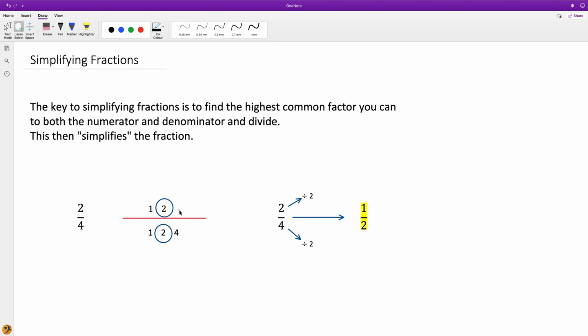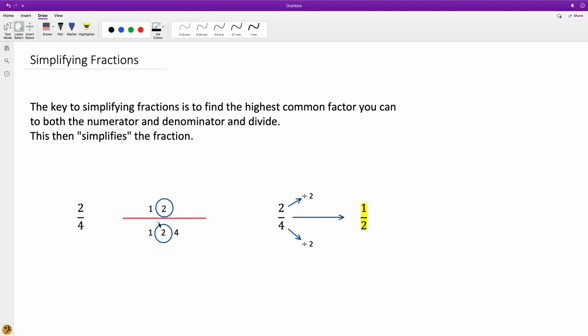Then we look along our factors and see if there are any more that are common to both top and bottom. As we can see, 2 is common to the top and the bottom, and 2 is obviously higher than 1, so this is the one we choose. Our highest common factor for 2/4 is 2.